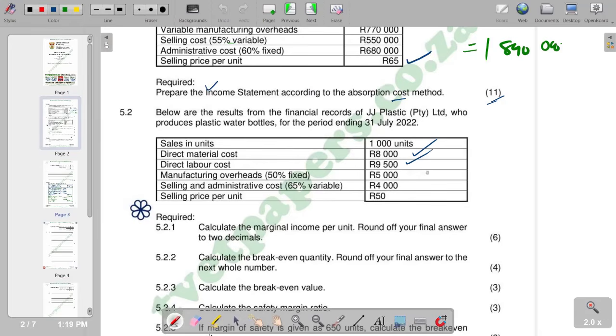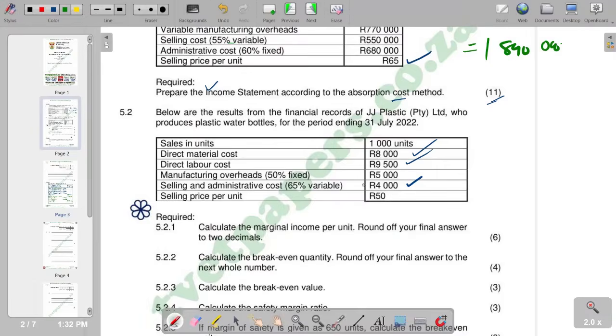As we are saying, this 65% is variable, and the total selling and administration cost is 4,000.